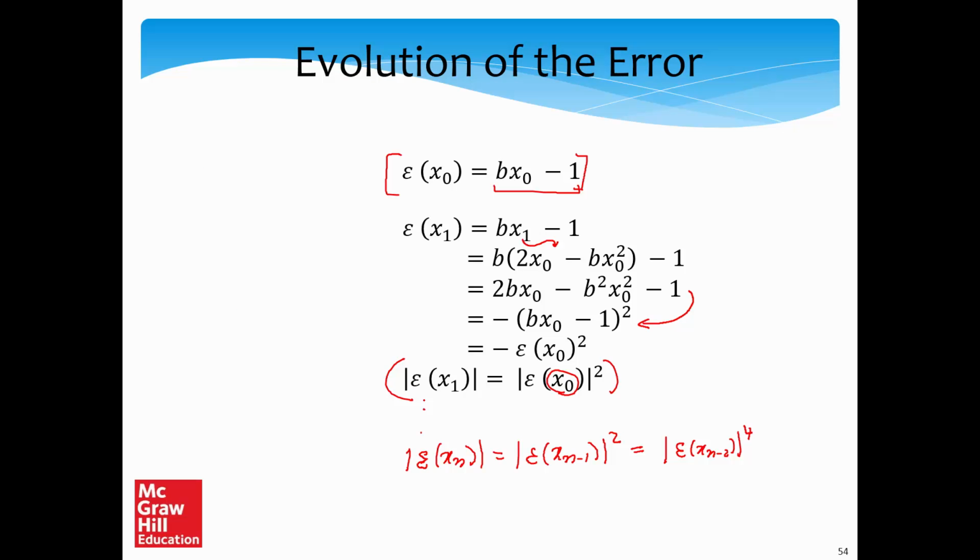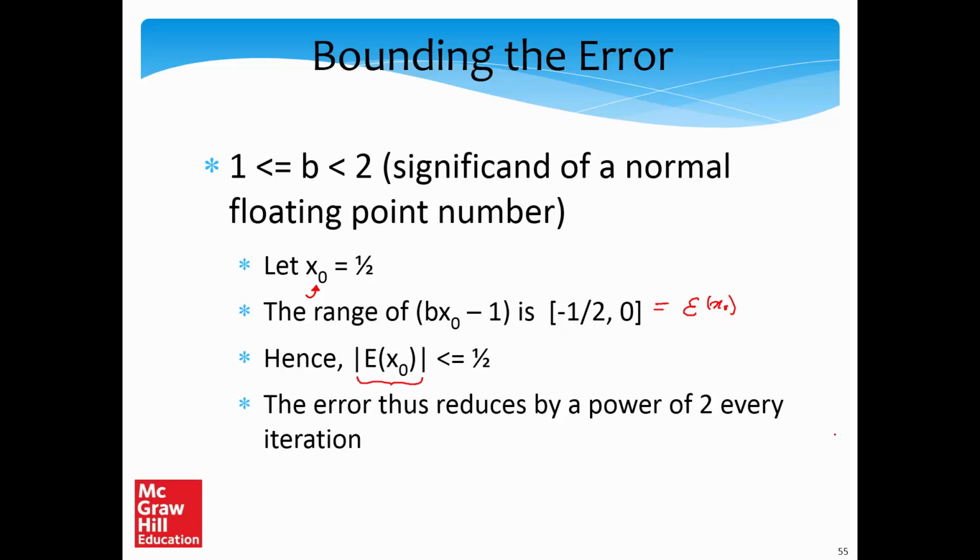Because if we come back to this equation, then initially if the error is half, then at this point the error will be 1/4, and this will become 1/8, and it will keep going down and down till it ultimately reaches 0. Because if we multiply a number by itself and the number is less than 1, it will ultimately reach 0.